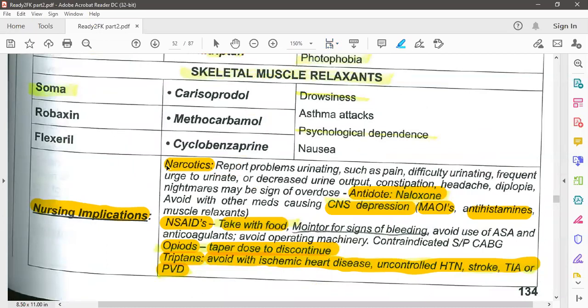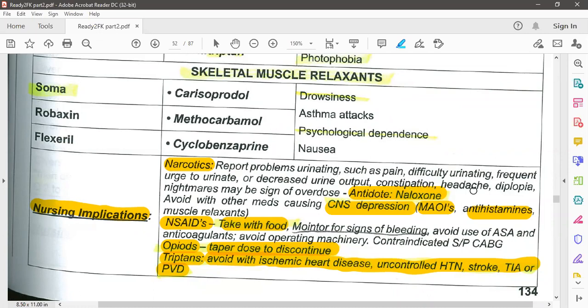So narcotics: report problems urinating such as pain, difficulty of urination, frequency or urge of urine, or decreased urine output. So after using the narcotics, if we see any kind of problem like we explained here, we notify the healthcare provider and keep documentation.